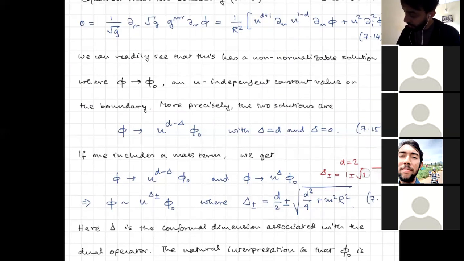So the mass is going to be related to h plus h bar, and the angular momentum is going to be related to h minus h bar. This is, of course, what you expect.